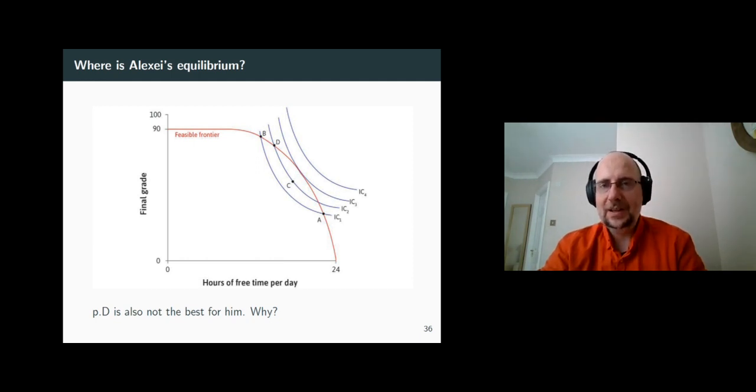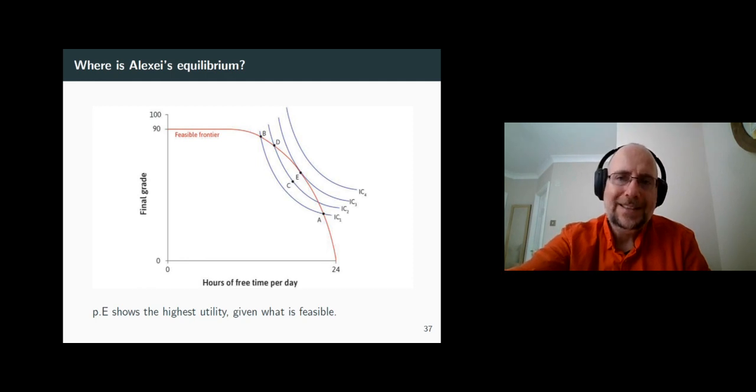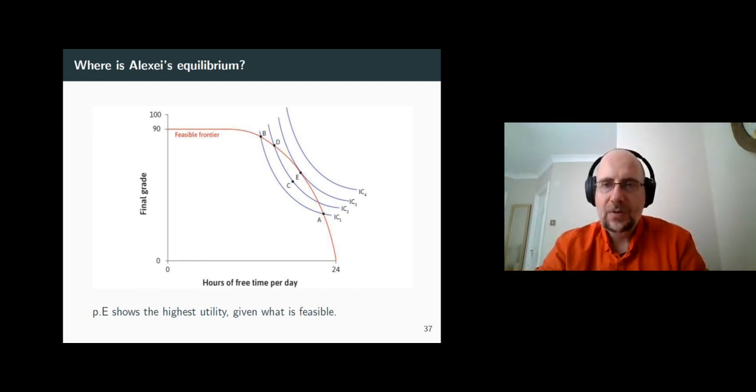But is it the best the consumer can do? Not yet. There is a point on yet another higher indifference curve, which is still feasible. The consumer is able to get this point. It will be within his feasibility constraint, but it will bring him an even higher utility than point D. What's that point? Well, this point is E. Point E, notice, is the only point which satisfies two important conditions at the same time.